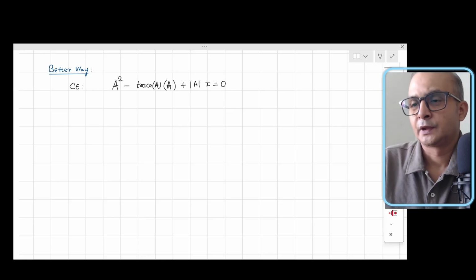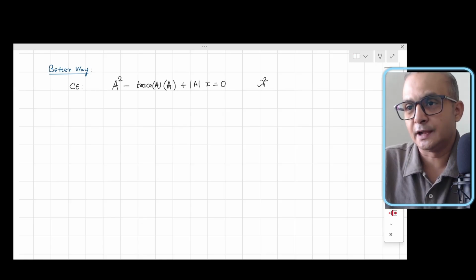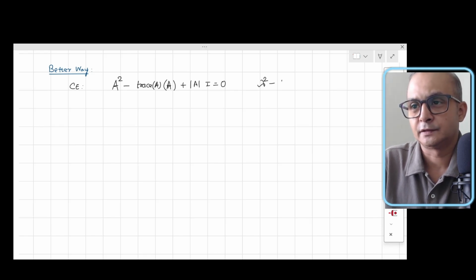By the way, the characteristic equation is lambda square minus trace of A, let's say S, lambda plus determinant of A, that is delta.